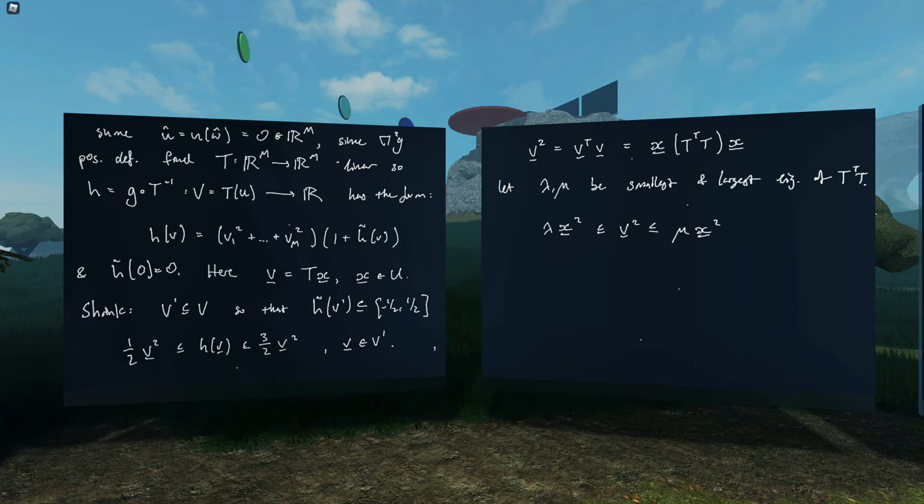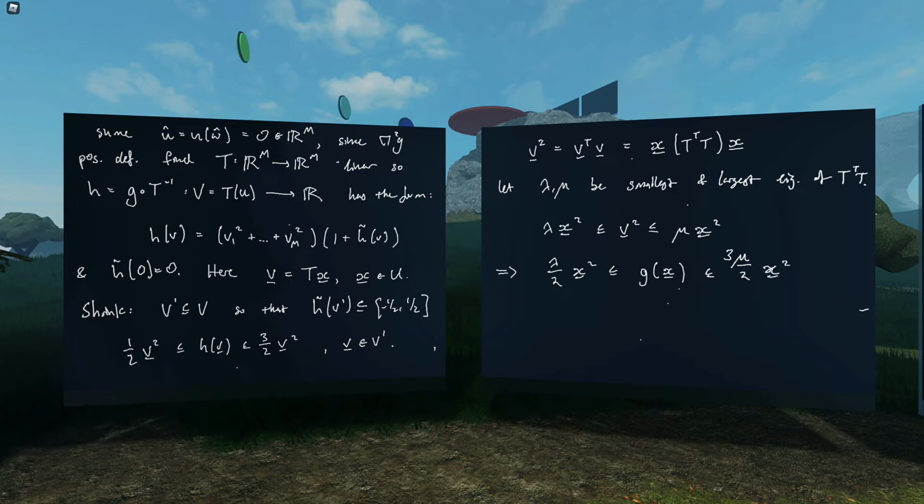And so this implies we have lambda over 2 and so on for g.